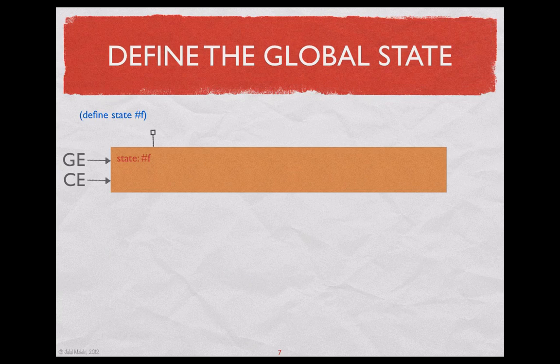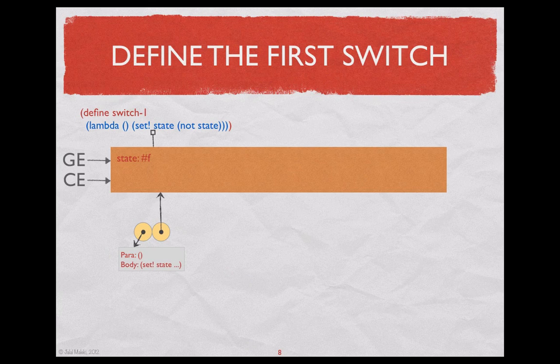Initially, we have this situation in which the state is defined as false, and then we'll follow the evaluation of the Scheme code you saw just now. So the first thing we do is to define a switch called switch 1.